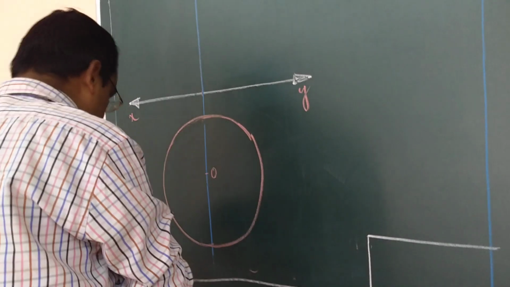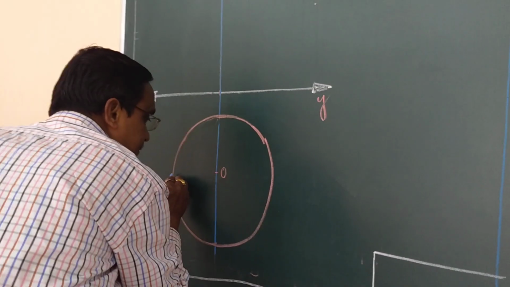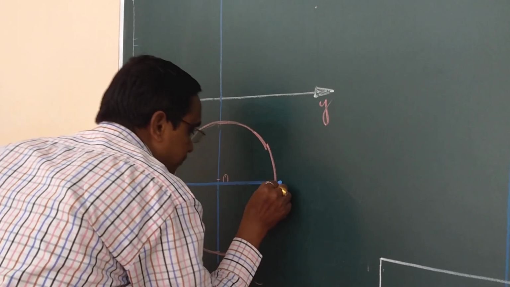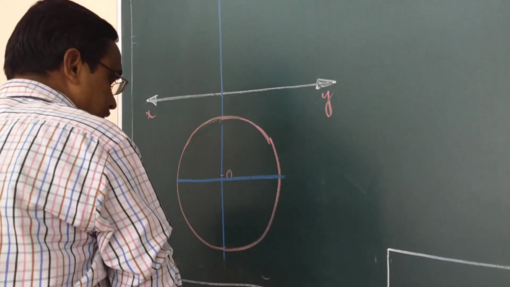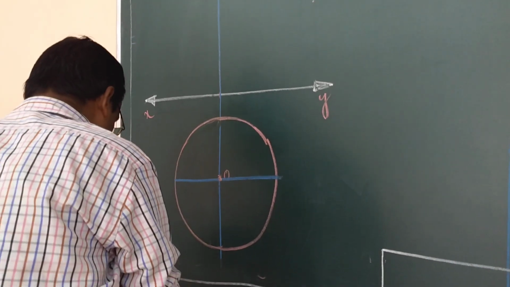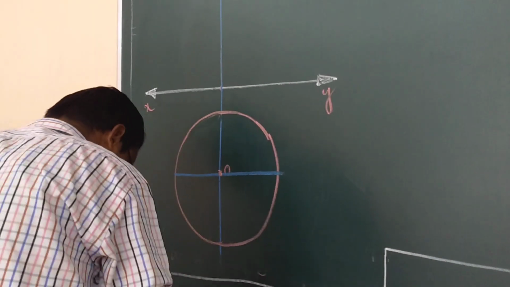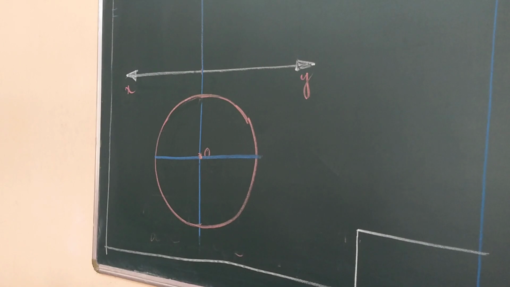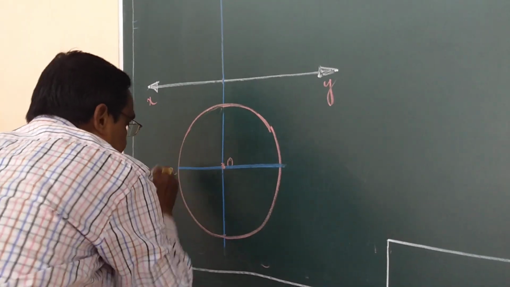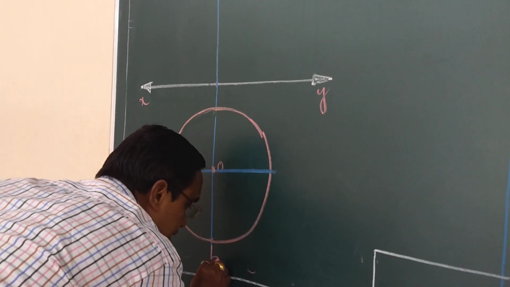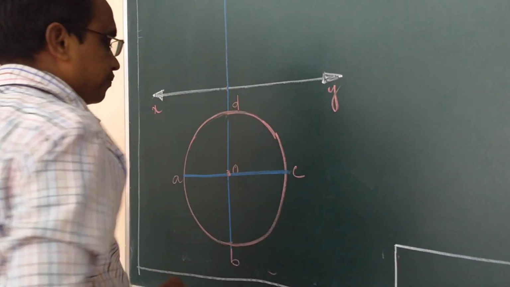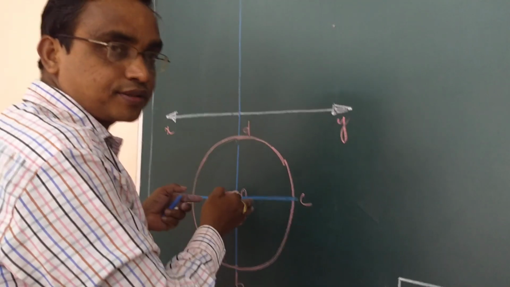Then you divide the circle into 4 equal parts. This is the center point O, and write down here A, B, C, D. This is the top view.